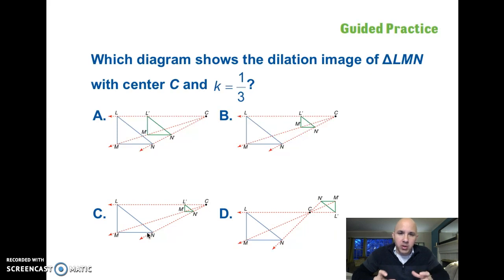So it's going to be 1/3 of the original image. Is it going to be letter A, B, C, or D? Good luck on this. And again, if you have questions on dilation, please let me know.